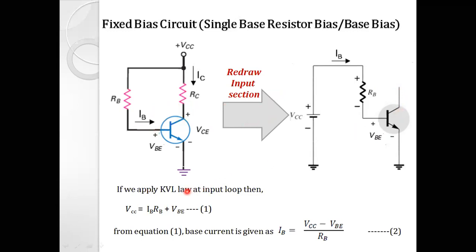Right? So why are we doing these things? Why are we analyzing the input and output sections? We are analyzing them to get the mathematical expression for the operating point Q, right? Previously I showed that the operating point is a point on the output characteristic of the transistor, where the output characteristic is between the output parameters VCE and IC.